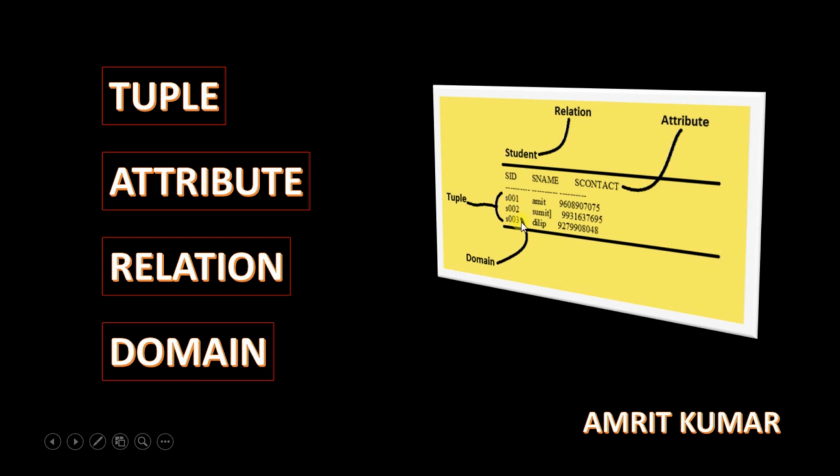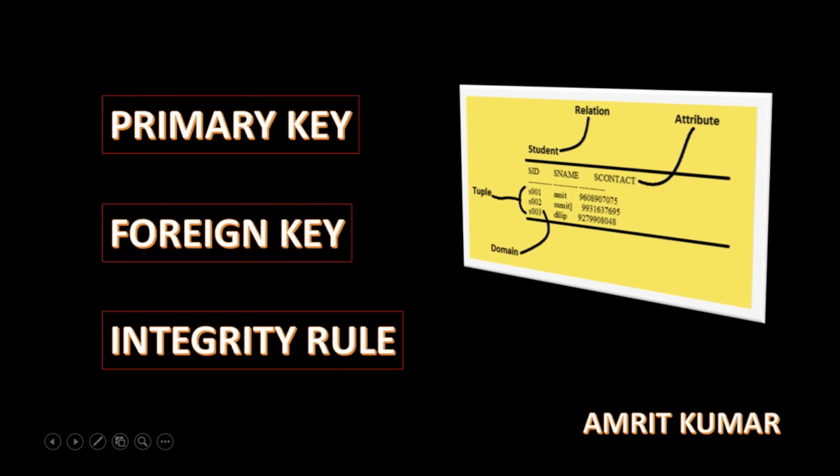So this is the restriction applied. So what do we call it? Domain. So domain is nothing but the restriction applied on a particular column. It means that the restriction or the constraint applied on the particular column or attribute is domain. So it's very simple.